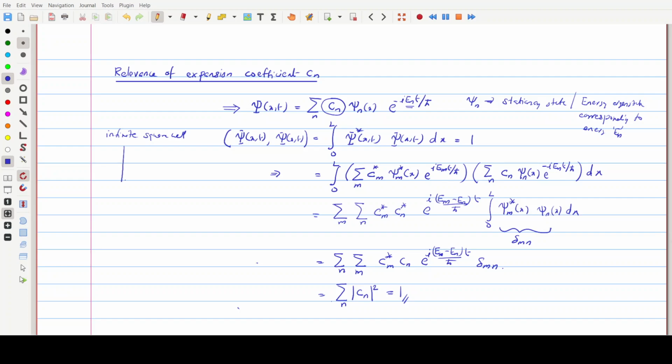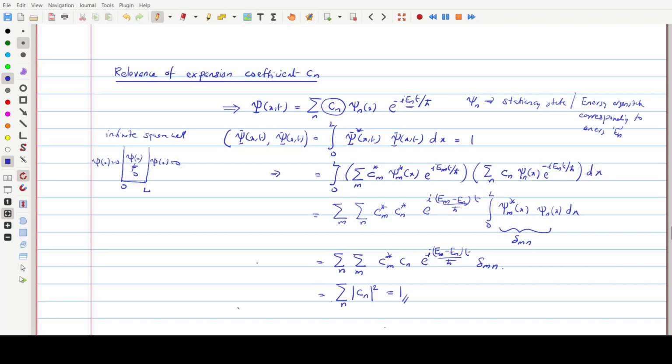The particle is completely confined between 0 to L, and there is no wave function outside. So the wave function is non-zero only between 0 to L. Therefore, while integrating, we have to take integration only between 0 to L.